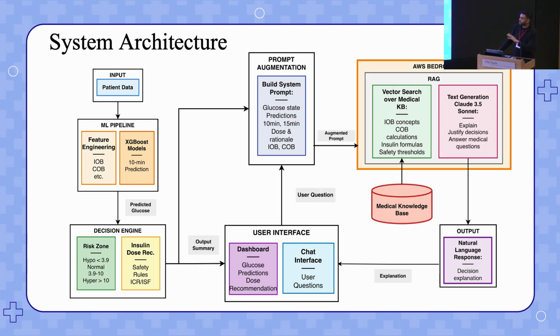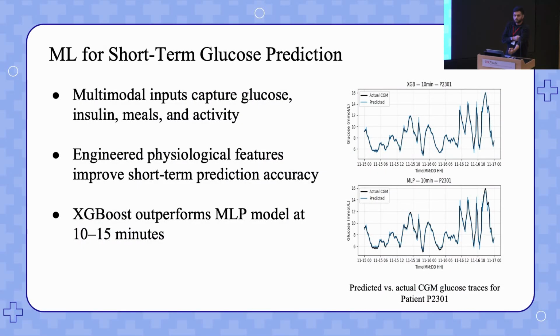This is our first prototype, where we are very early in our research phase. This is our first prototype system architecture. Now I will discuss each of these three modules in brief, starting with the machine learning model. We have used multimodal data inputs, which contain four features: continuous glucose value, insulin value, meals value, and physical activity value.